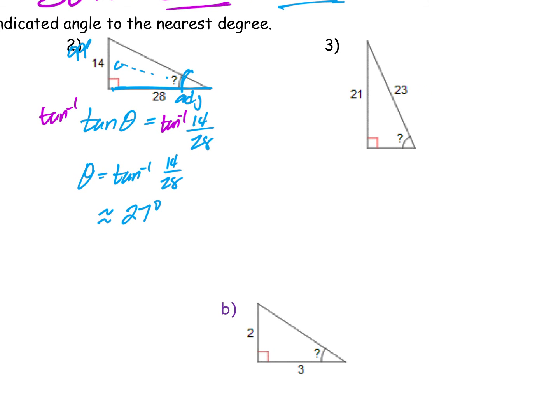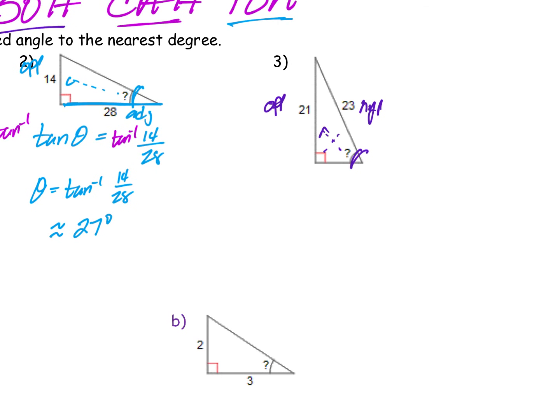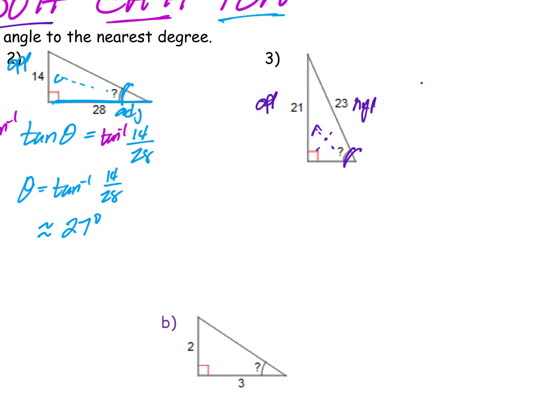And then the last one, it looks like I have the side opposite and my hypotenuse. So that means I'm going to do sine this time. Oh, I got one of each in here. That was good of me. I don't always get that in here. So sine of theta is going to equal 21 divided by 23.